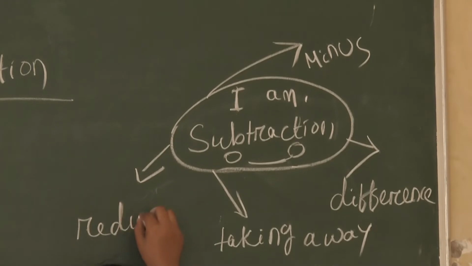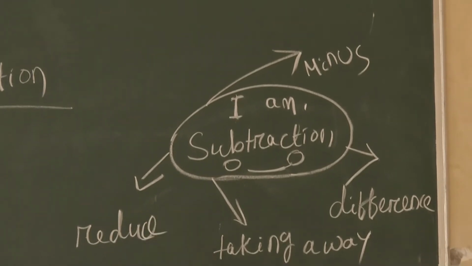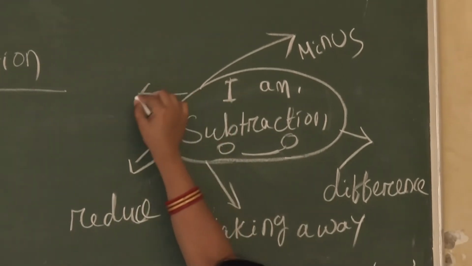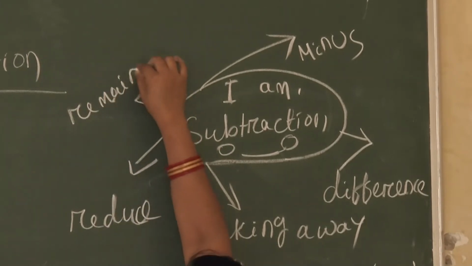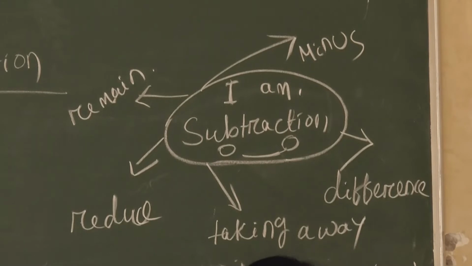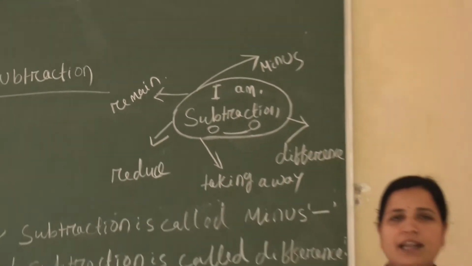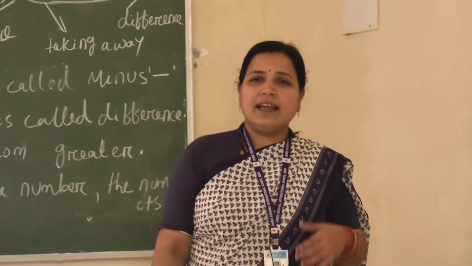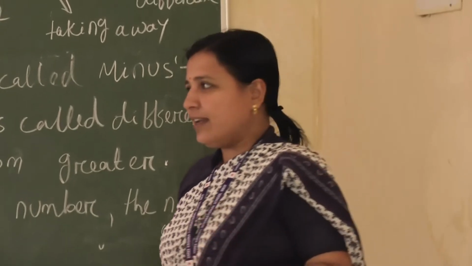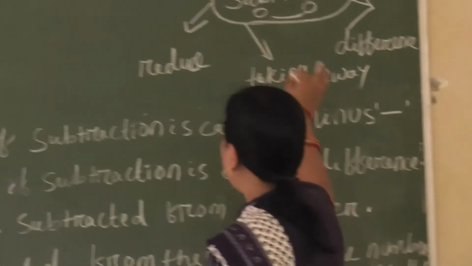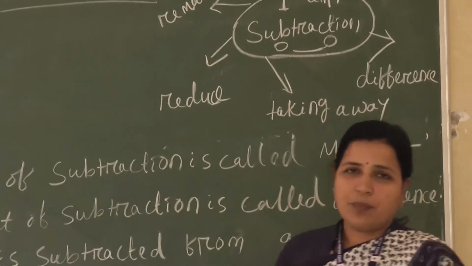Reduce. And the next name is remaining. So subtraction has more names like this: less than, taking away, remaining part, difference, minus, subtraction. So these are the other names of subtraction.